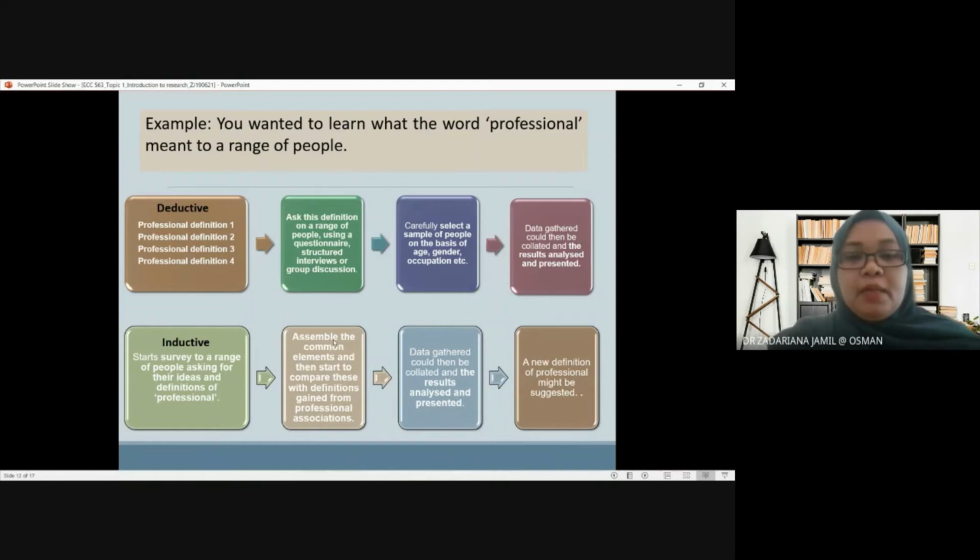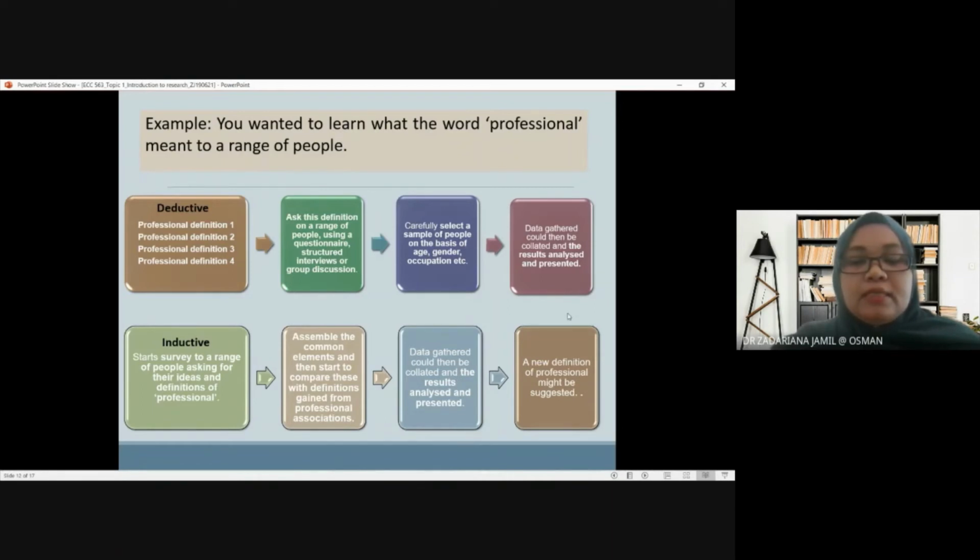Assemble the common elements and then compare them with definitions gained from the professional association. After you have their thoughts on the definition of professional, you compare their definition with the definition established by an association or body. The data gathered could then be collated and the results analyzed and presented.